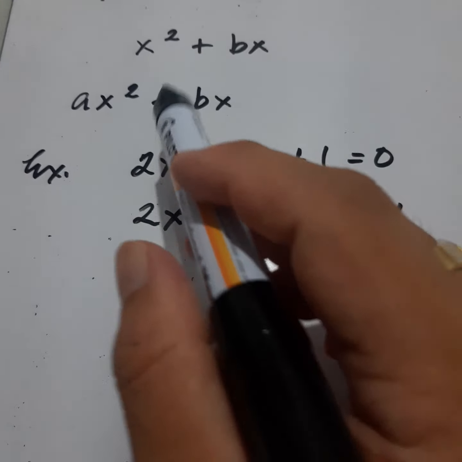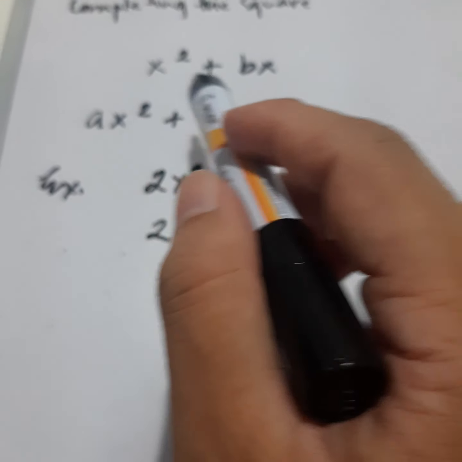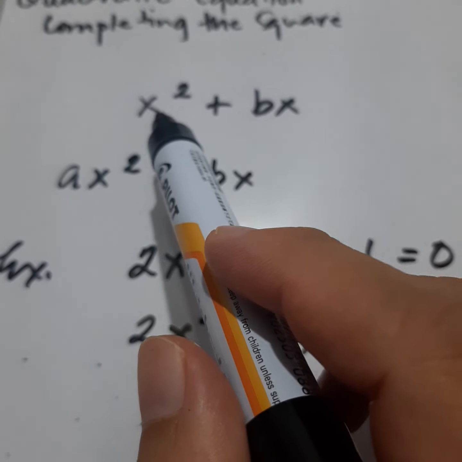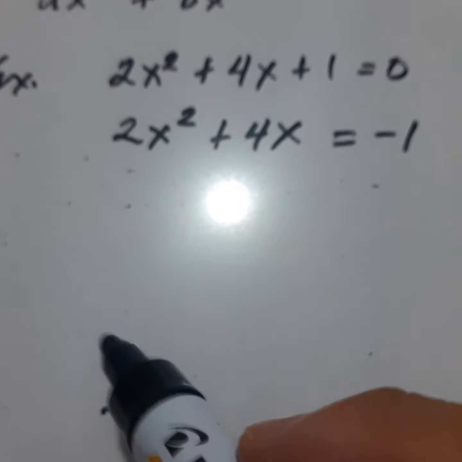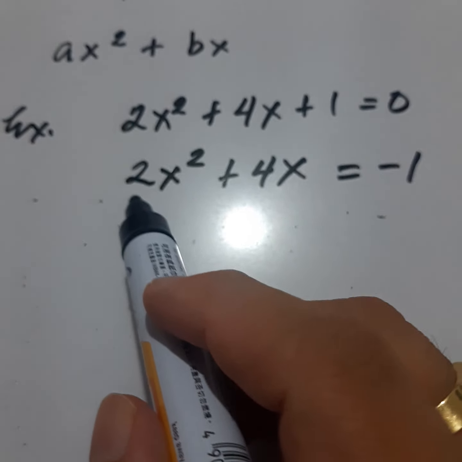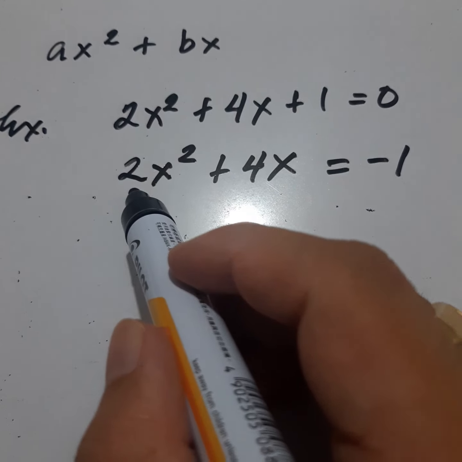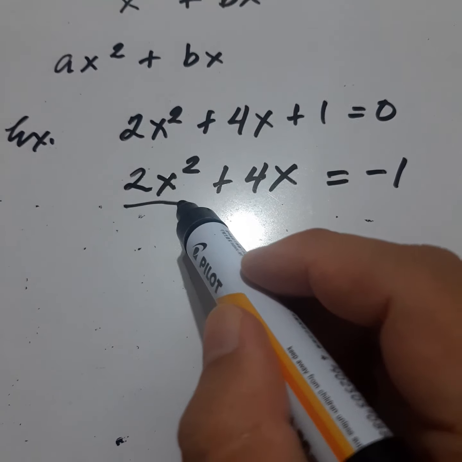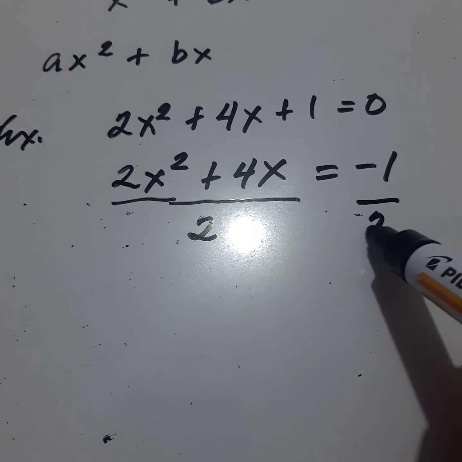So, remember, sabi ko, the easiest way is to make the left side of the equation in the form of x squared plus bx para mas madali siyang isolve. So, paano gagawin natin? So, dahil ang numerical coefficient ng first term natin ay 2, i-divide natin yung whole equation by positive 2.